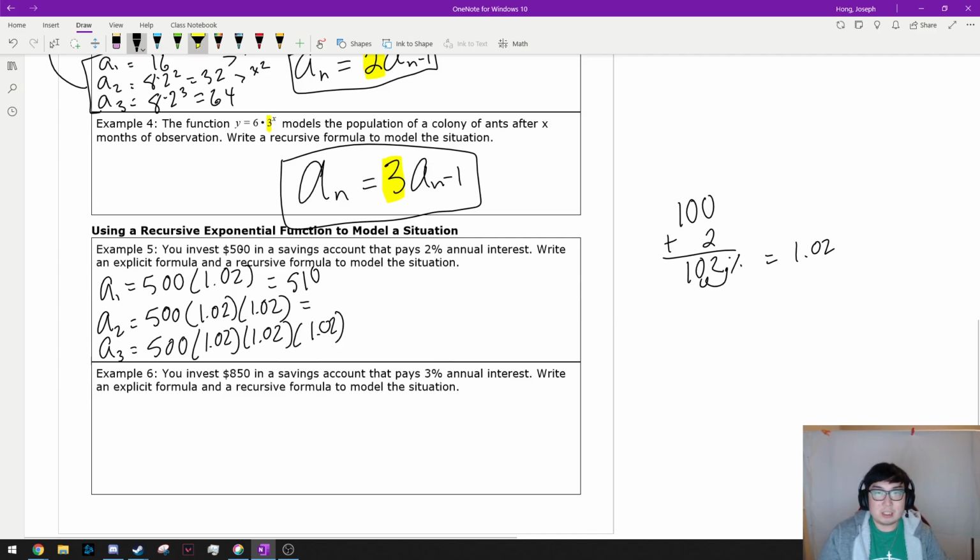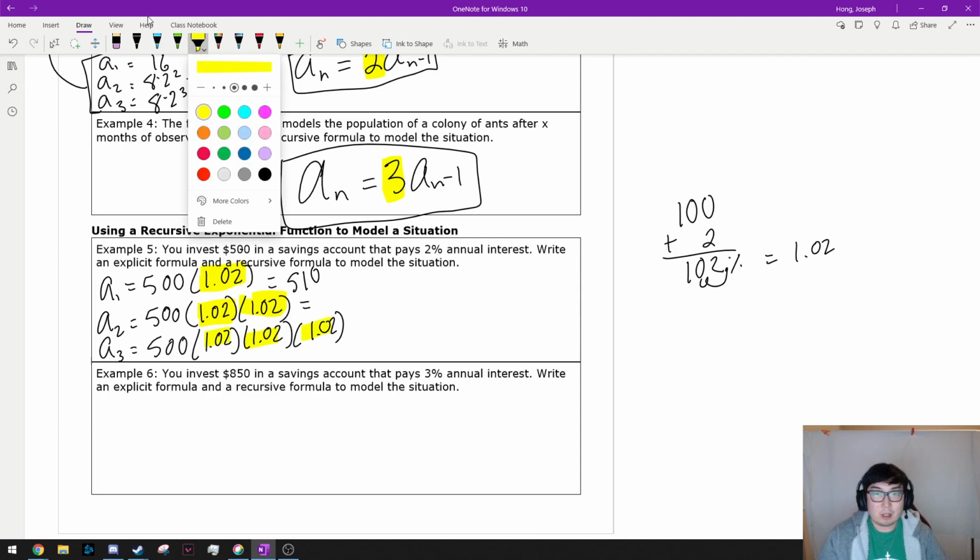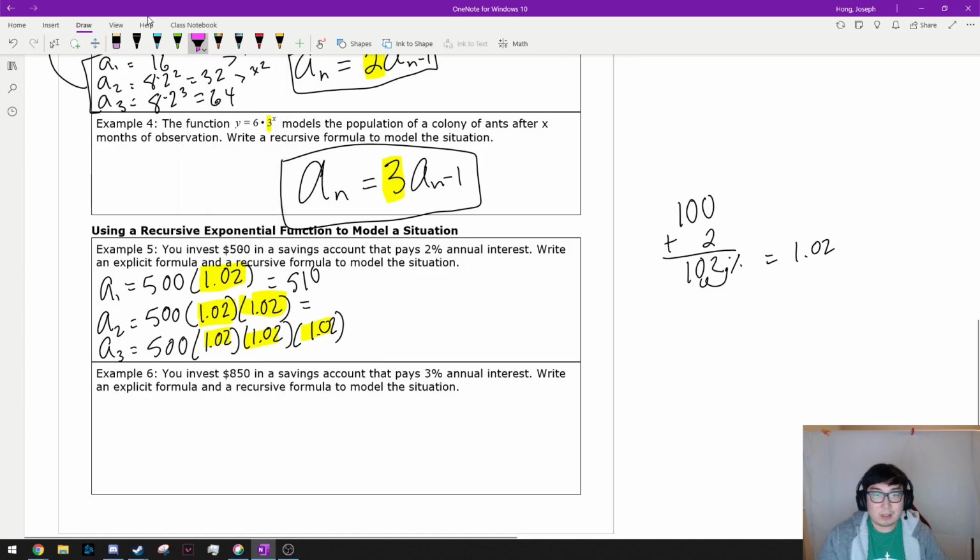So if you see this pattern right here, what's really happening in this question? You see 102%, then you see 1.02 squared, now you see cubed. So these are all reflective of the term value. It's just very conveniently happening like that.